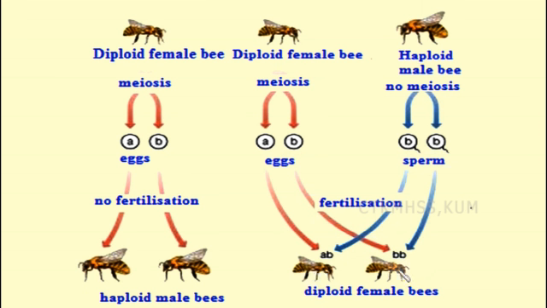So what determines the sex of the honeybee is whether fertilization occurs or not. If fertilization occurs, it develops into a female bee. If no fertilization, it develops into a male bee. So male bees are haploid and female bees are diploid. That is haplodiploidy.